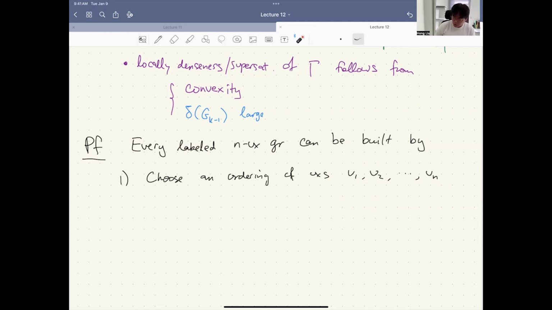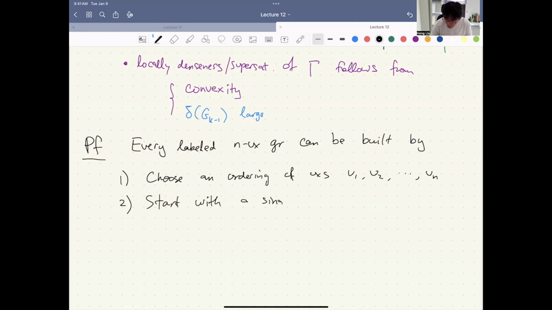Choose an ordering, and then start with a singleton graph G1 consisting of just vertex V1.